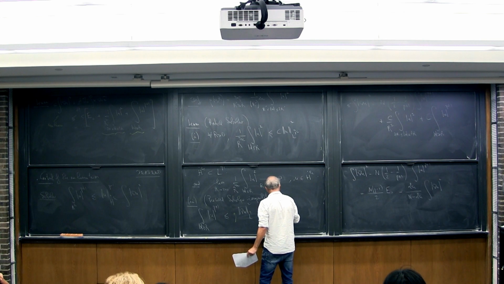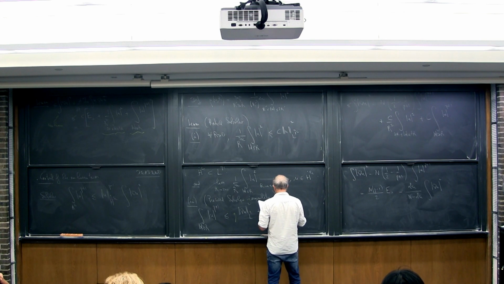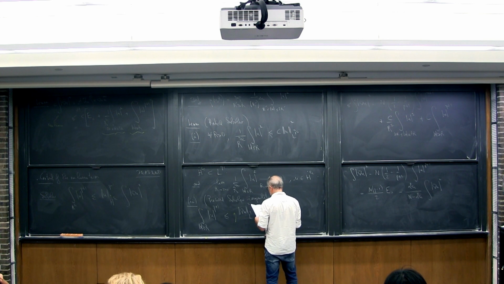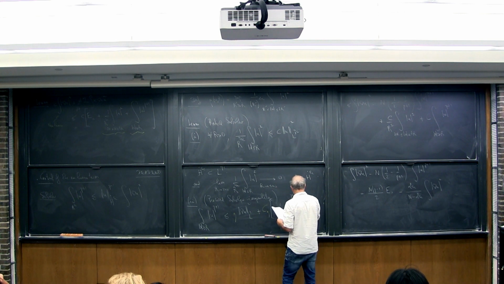So I have rho of U and R to the power, so actually it's the whole rho that is to the power (P plus 3) divided by (5 minus P), plus rho of U and R to the power (P plus 1) over 2.